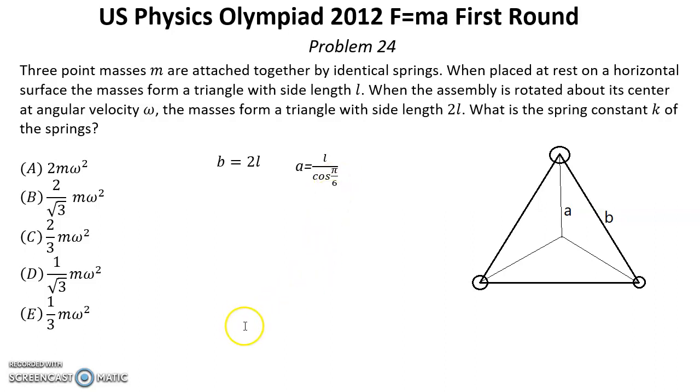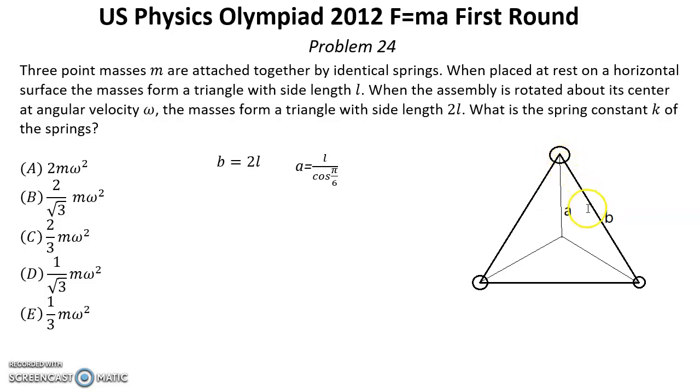Now let's write the equation for the centripetal force acting on each rotating mass. Because all springs are enlarged by distance L, the force of tension in each spring equals KL.